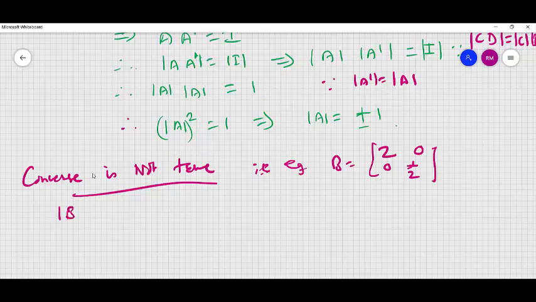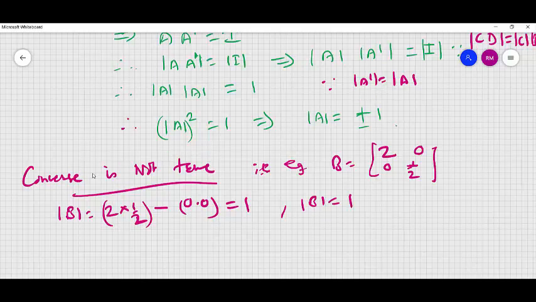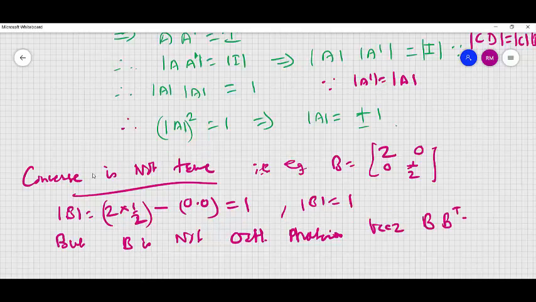So check the determinant of B, that is 2 into 1 by 2 and 0 into 0, that is 1. So determinant of B is equal to 1, but B is not an orthogonal matrix, because B transpose into B is not equal to identity.